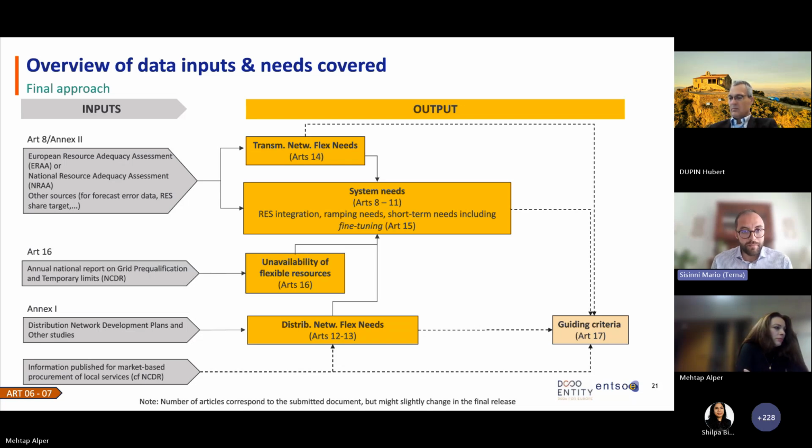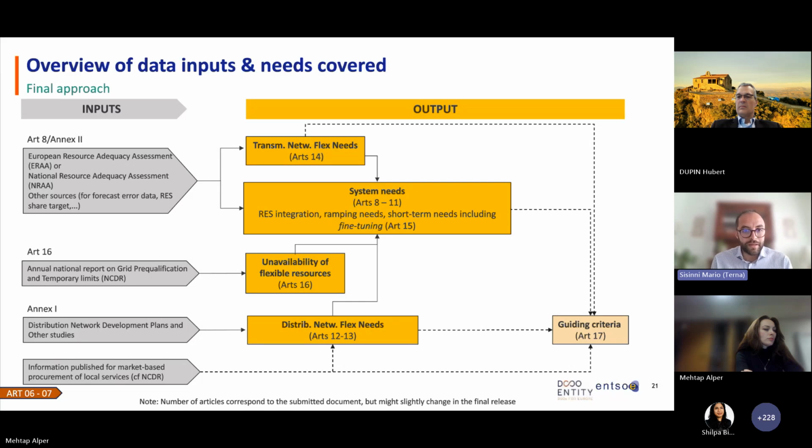We'll describe them a bit more in detail in a second, but next to this, there are also transmission network flexibility needs and distribution network flexibility needs, which are needs that are associated specifically to the network. So they occur in some specific areas of the network and can be solved through resources that are located close to where the problem has occurred.